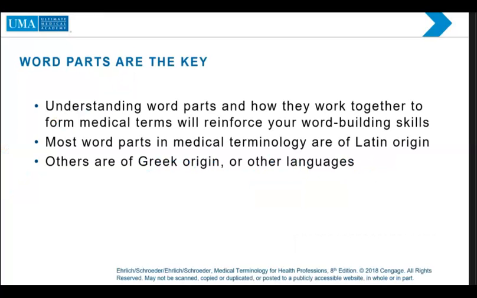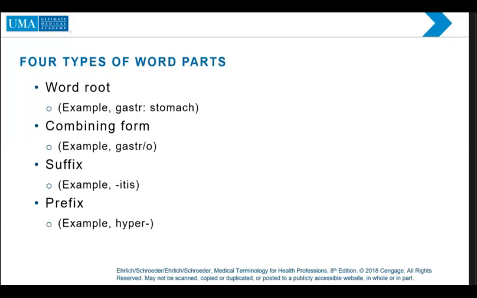We're going to first just do an overview of word parts. Understanding word parts and how they work together to form medical terms will reinforce your word building skills. Most word parts in medical terminology are of Latin origin. Others are of Greek origin or other languages. For a brief overview, we know that we have 4 types of word parts.